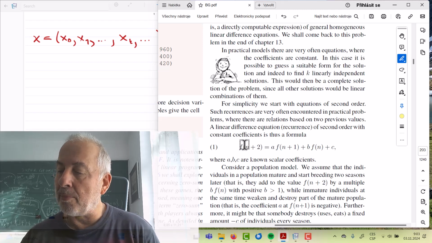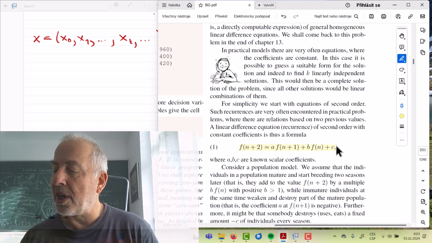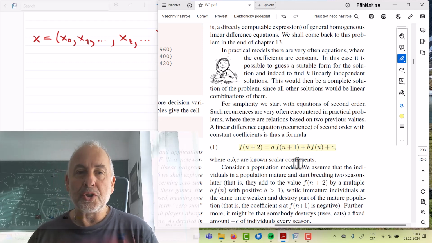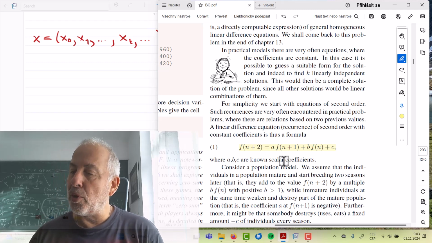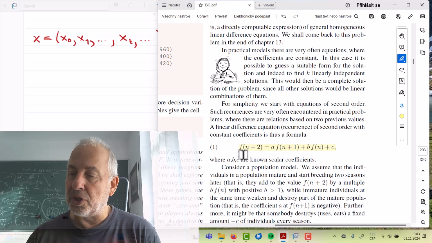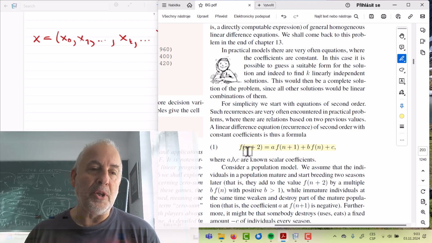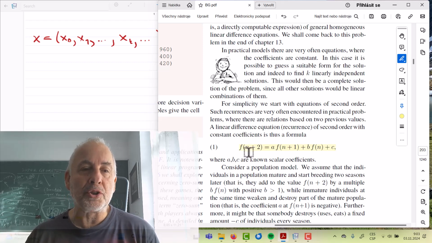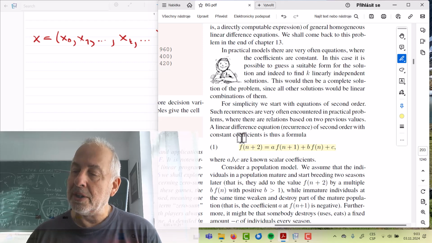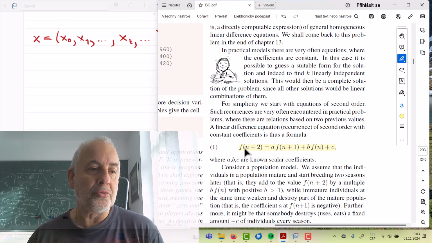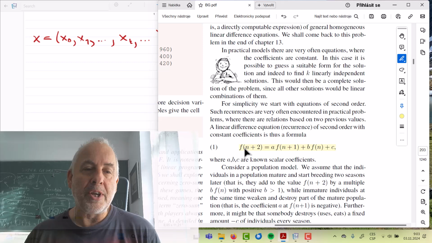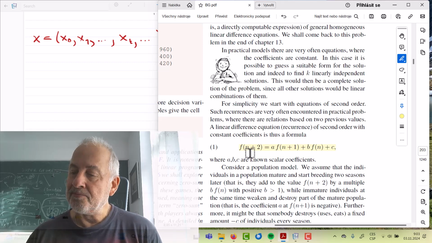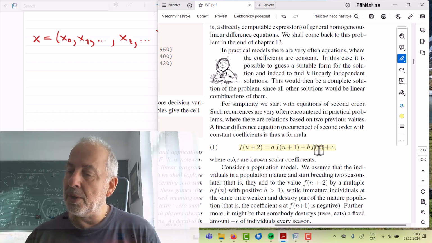So for example, we have a second order recurrence formula which could be thought of as a population model. You can imagine that the species we are talking about, the animals or whoever, are mature to give new birth after 2 seasons. So fn plus 2 will be a constant multiple of fn.